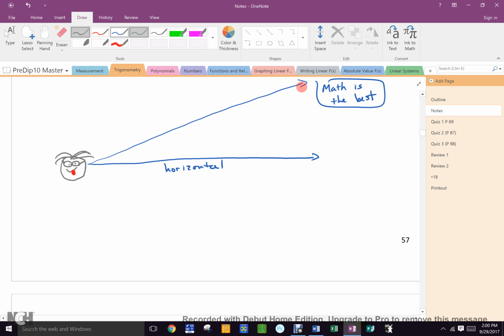Up there. So my eyes have moved up, or they have elevated, or they have inclined, which has created a theta. That theta is the angle of elevation or inclination. Because I have raised my eyes from the horizontal, they have gone up. Is everybody cool? All right.